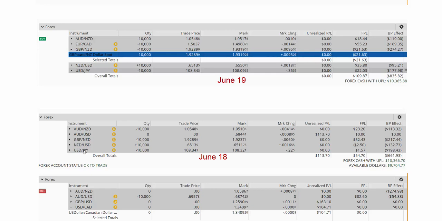So let's, for example, here we go. Notice that you have NZD, NZD, NZD. On one side you have British pound, on the other side you have New Zealand dollar.